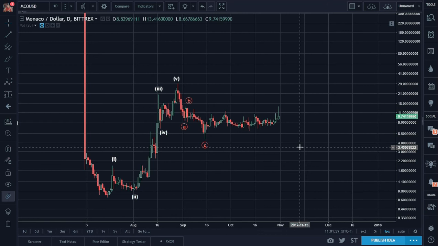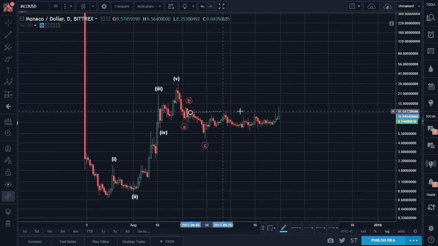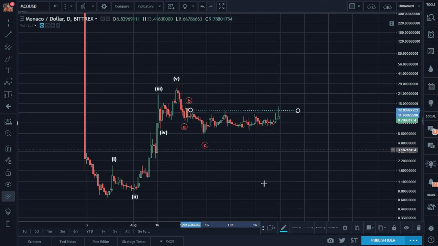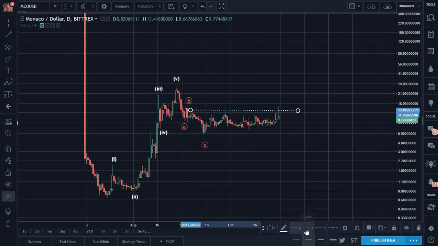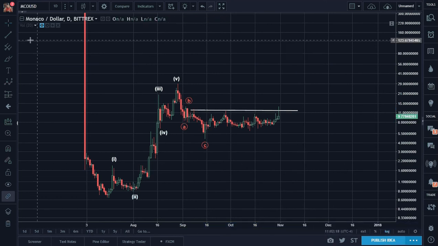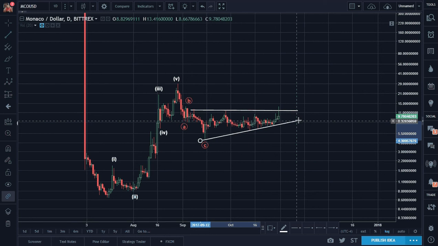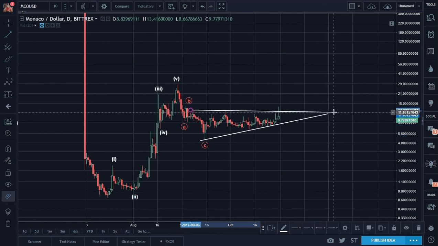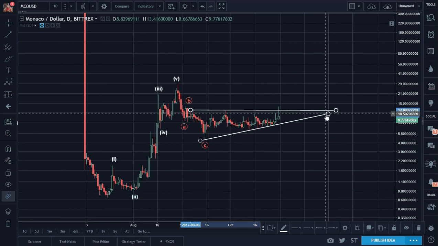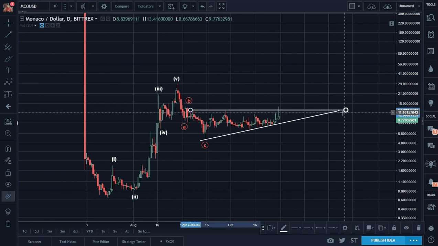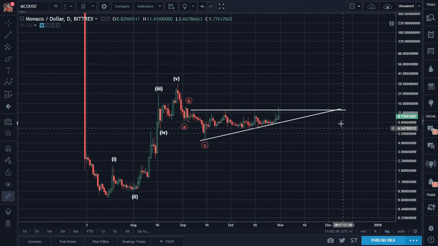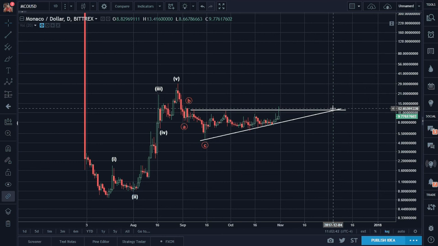So, going back to Monaco, let's draw some lines. If I draw a line across the top of the peaks here, like this, and then I draw a line across the bottoms of the peaks, until they meet, until they intersect, the point where they intersect is called the apex.